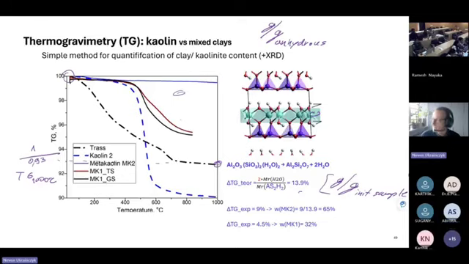You have XRD methods, described by Ruben Snellings. You have the TGA, Barbara Lothenbach wrote that part, the chapter on thermogravimetry. And there are a few more methods. There is also a method on how to stop the hydration. Calorimetry, XRD, TGA, those are the methods described in detail, how you should measure it.